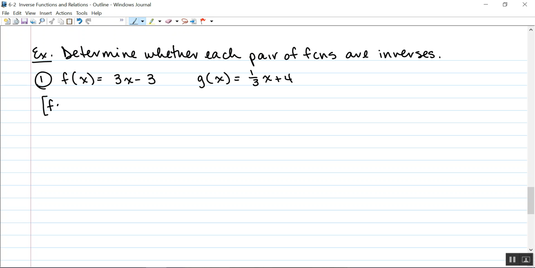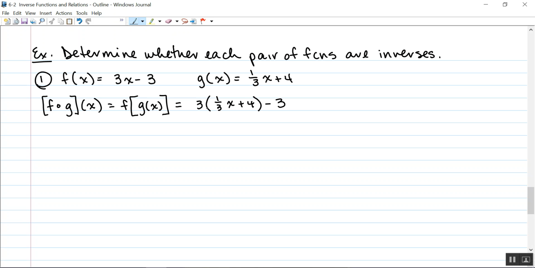Remember, we have this little notation that kind of looks like fog, but it really isn't. What that basically means is f of g of x. So what I'm doing is I'm putting g into f. Let's do that right now. Take this function g and put it into f for x. So that's going to give me 3 times (1/3 x plus 4), and then minus 3.